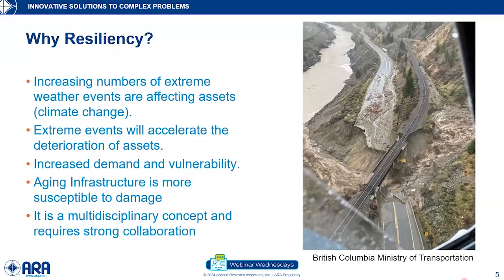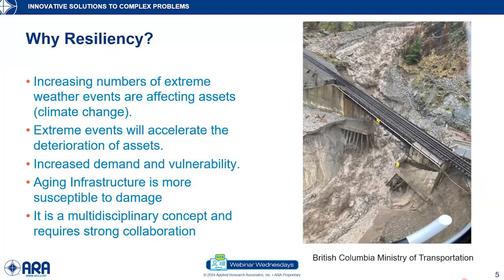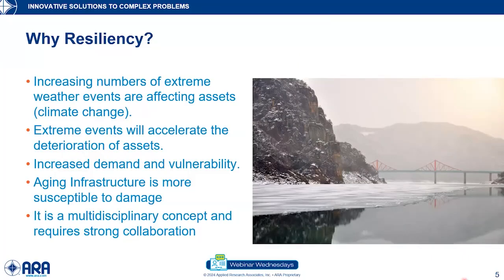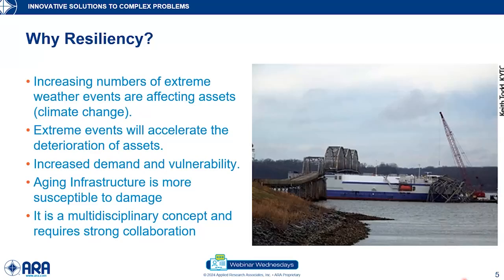There is also the fact that we have an aging infrastructure that needs a lot of maintenance. It's not as strong as it used to be, probably. There's more deterioration going on. This last photo is intended to show that extreme events are not only floods; they could be other extreme climate-related events, or even impact loads that we know about from before, but maybe we need to reconsider the way that we handle them.